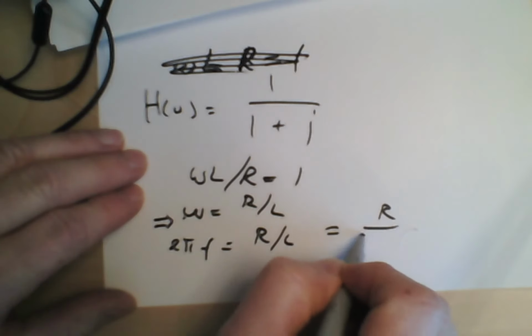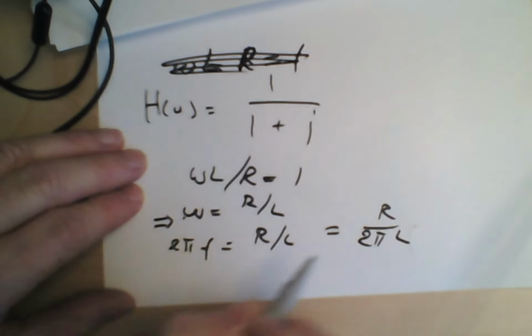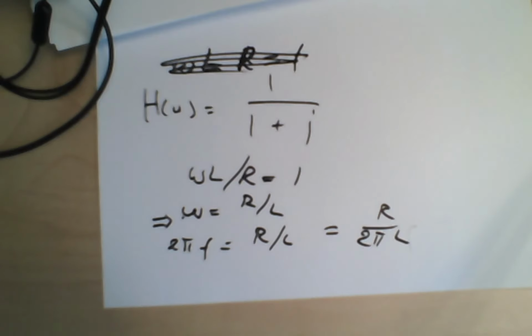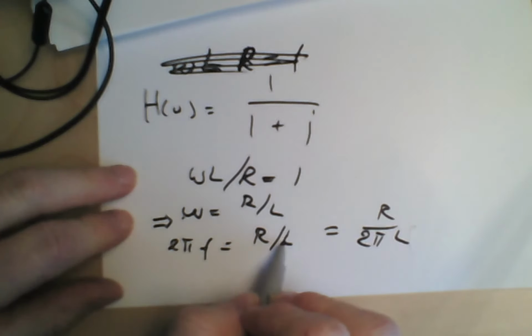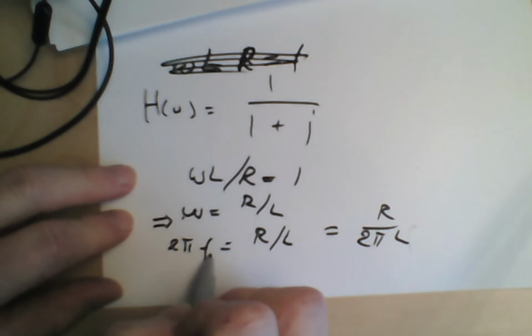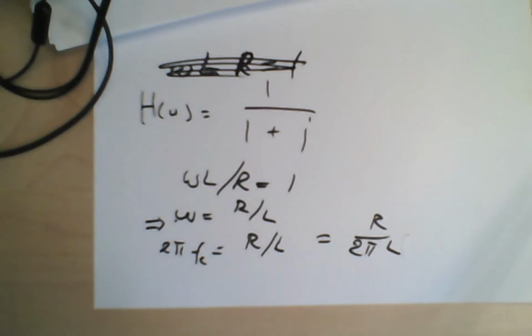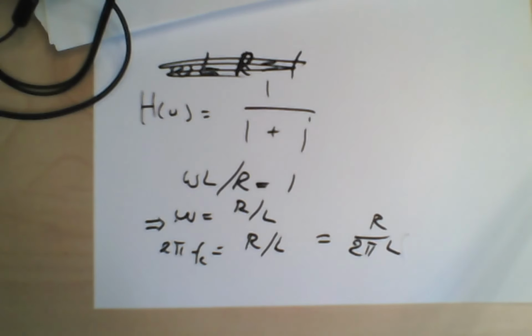It's R divided by 2 pi L. Right. Yeah, I have a small mistake in my formula there. It actually affects the exercise. I will make a correction to that one as soon as I can. Meanwhile, we just go with that.